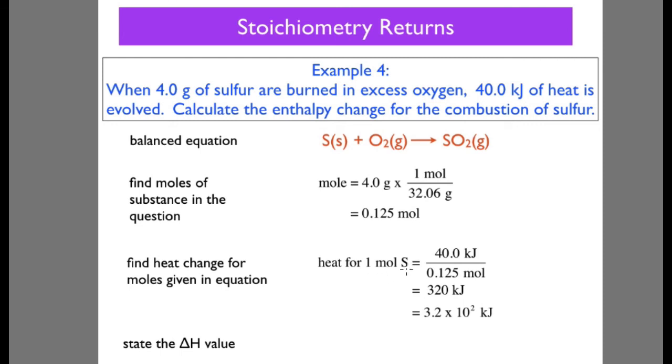The heat for 1 mole is going to be 40 kilojoules over 0.125 moles. So 1 mole will be 40 over 0.125, and we get 320 kilojoules. And we've got to convert to 2 sig figs because of the question. And so it's a combustion reaction. We know combustion reactions are exothermic, so it will be minus 3.2 times 10 to the 2 kilojoules per mole.